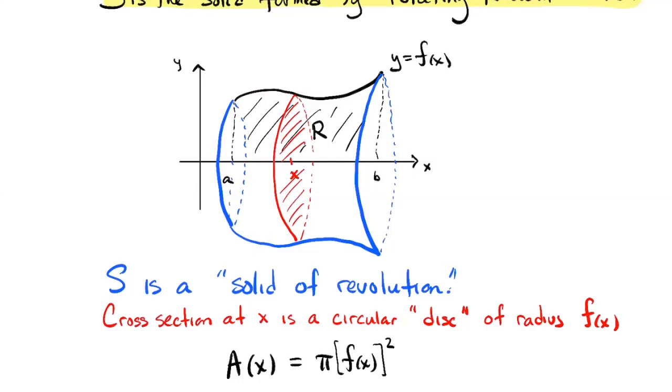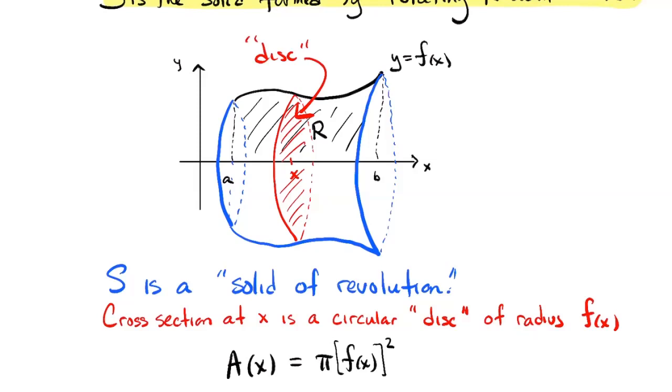Because we rotated everything around the x-axis, the cross-sections at x are a circle, or people call it a disk in this business. I've drawn it in red there. A circle together with its interior is called a disk, right? And what's the area of it?